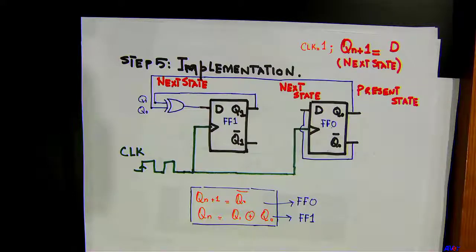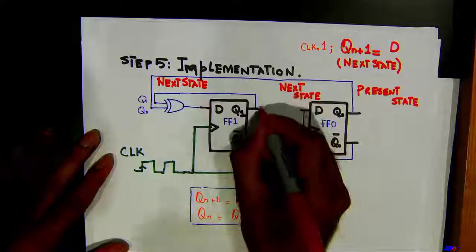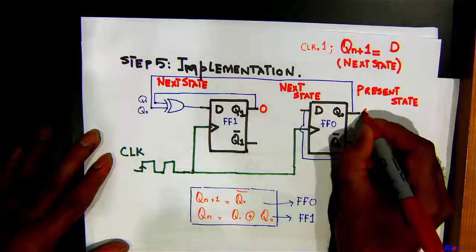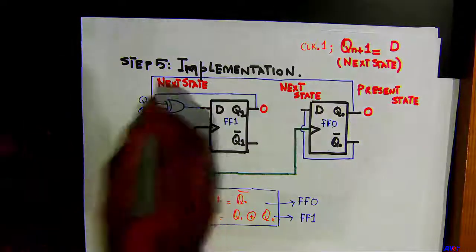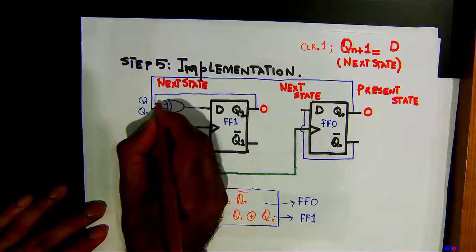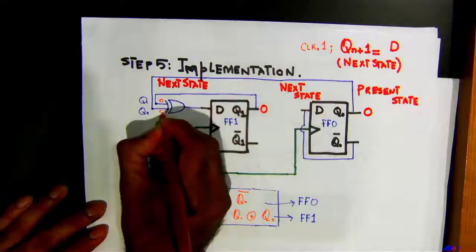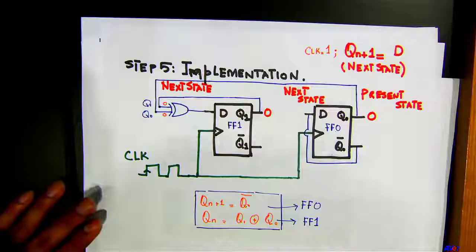Now, if you want to verify that you got this right, say your Q1 and Q naught are 0, 0, which would mean, what do you have here? 0 and 0, correct? 0, 0 going through an exclusive OR gate makes what?